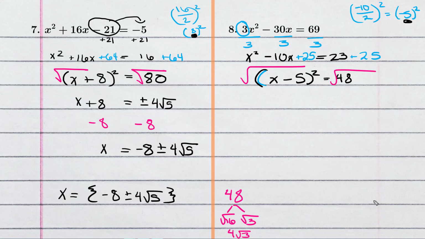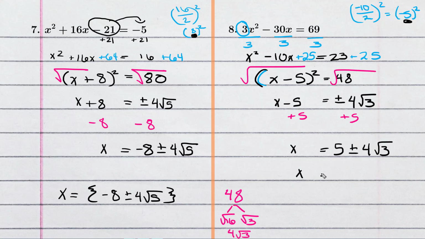And so we have x minus 5 is equal to plus or minus 4 square roots of 3. Now I need to move my 5 to the right-hand side. And so I have x is equal to a positive 5 plus or minus 4 square roots of 3.